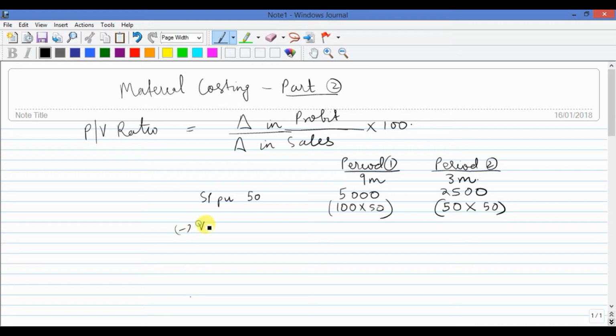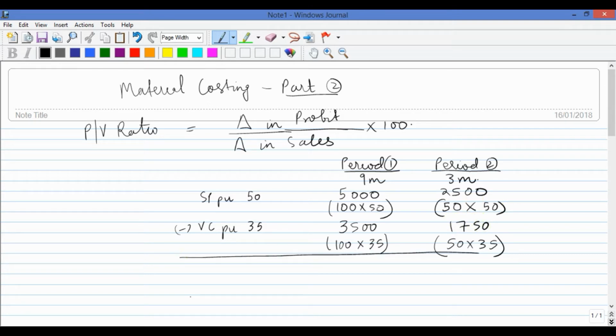Then I will take the variable cost per unit maybe as 35. So 100 units I have sold at 35, so this is 3,500, and here I have sold 50 units at 35, so 50 into 35 is going to give me 1,750. And finally I have a contribution.